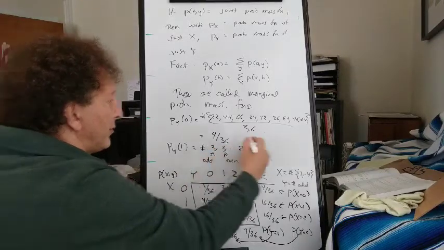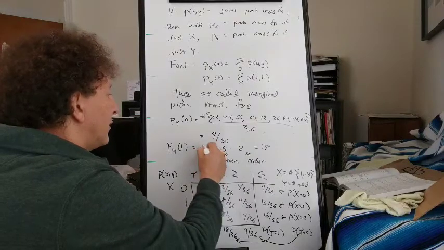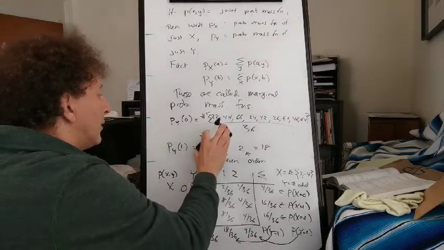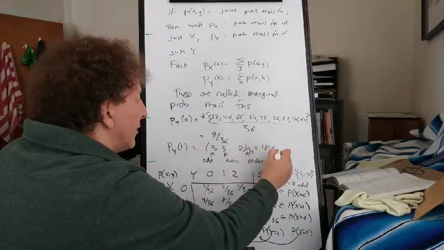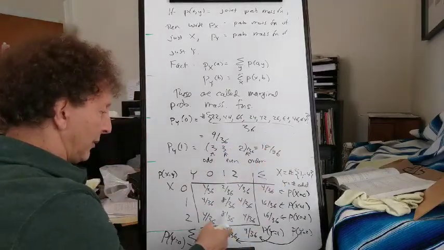So 3 times 3 times 2 is 18. So that over 36 is 18 over 36, and indeed that's what we got here.